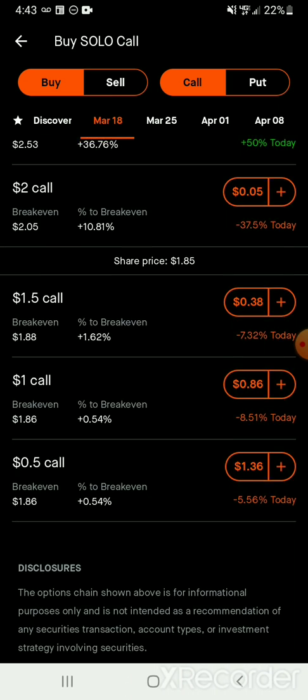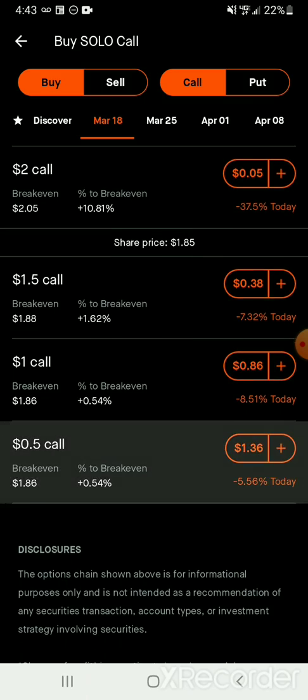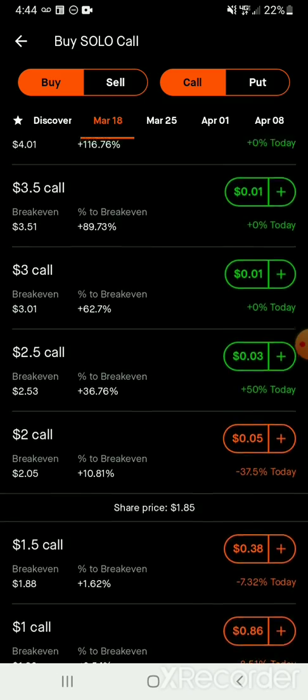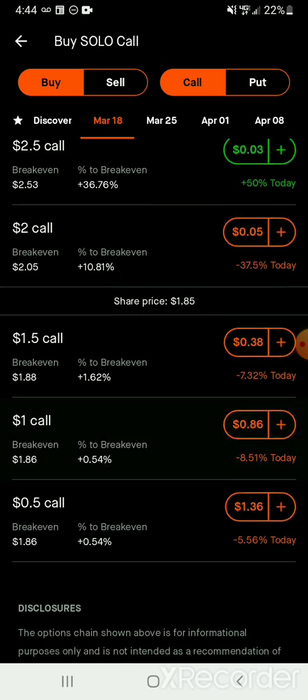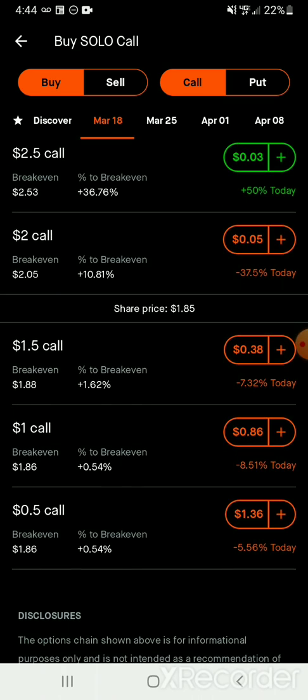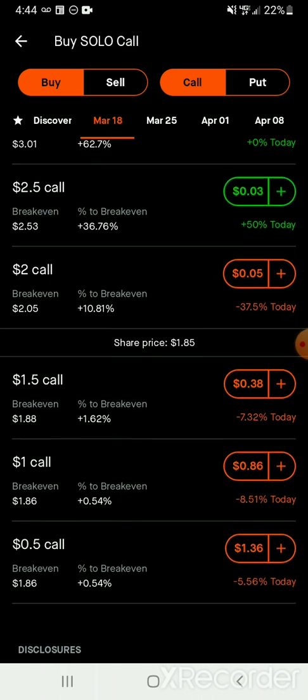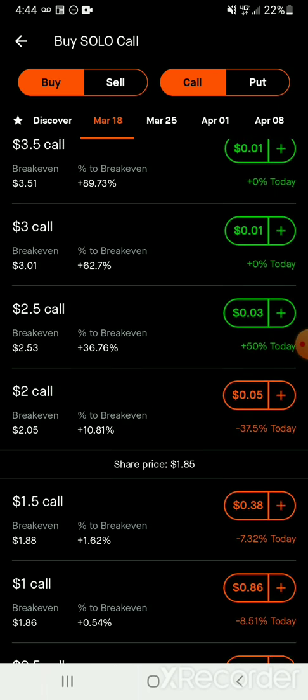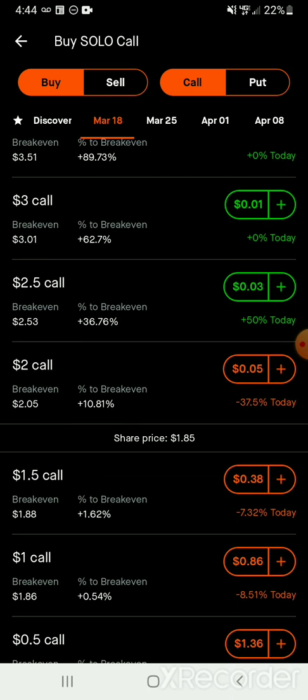That's why these in-the-money contracts cost a lot more than these out-of-the-money contracts, because the in-the-money contracts already have an automatic intrinsic value. As for these out-of-the-money contracts, their only value is based on time and also some other factors, like, for example, hype or the implied volatility I mentioned.